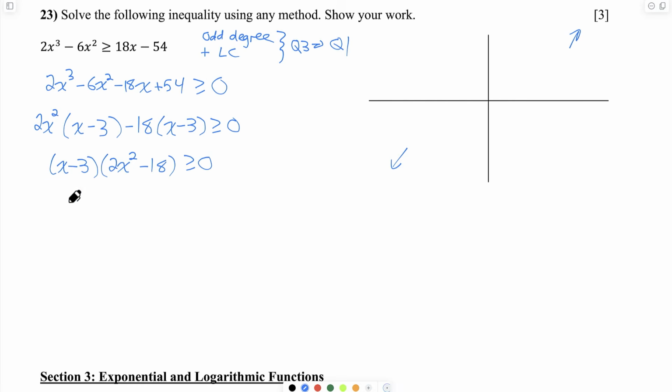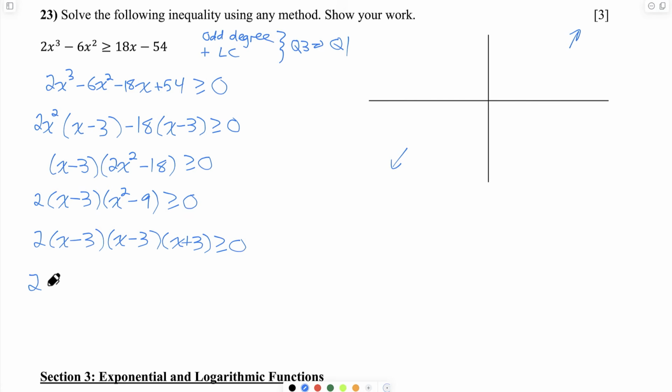I noticed that second factor, I could common factor out a 2 from it, giving me x squared minus 9, which reveals the difference of squares, which I know x squared minus 9 would factor to x minus 3 times x plus 3. I have two factors of x minus 3. Let me combine those to a single factor that is being squared.